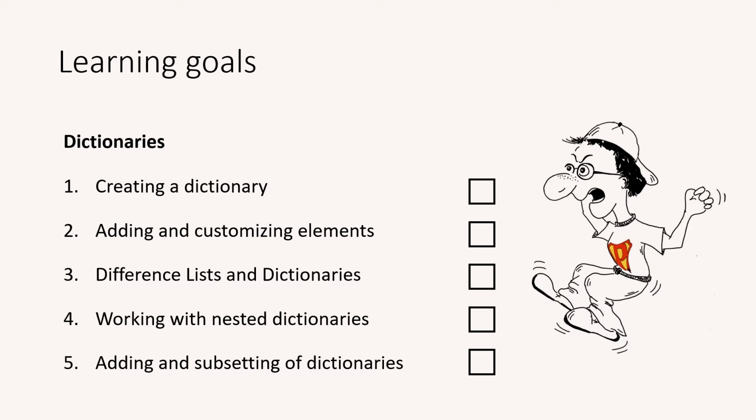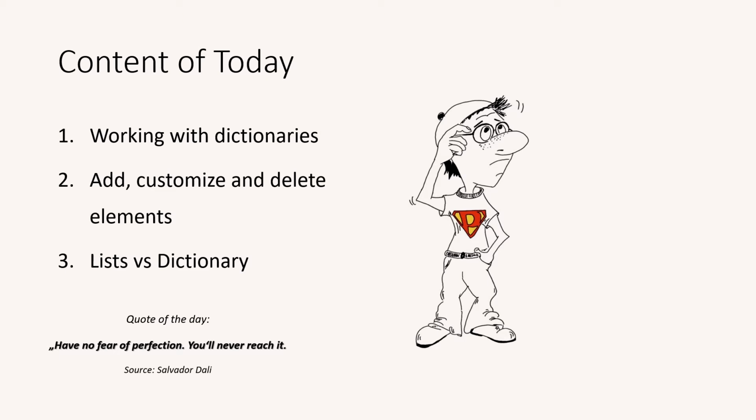In the next presentation, we start working with nested dictionaries, and we also learn how we can add or subset those dictionaries. The content of today is working with dictionaries: adding, customizing, and deleting. And in the end, we have a small comparison between lists and a dictionary.